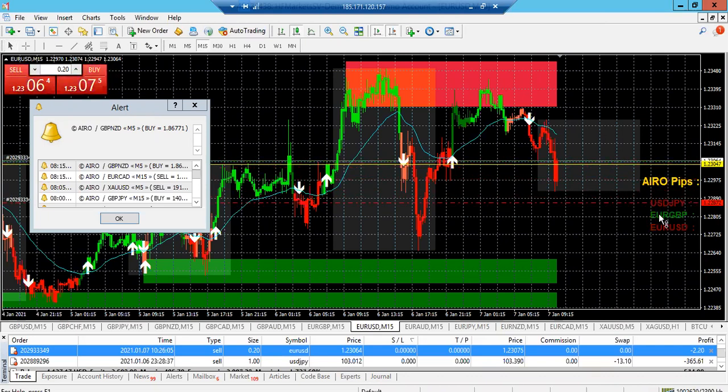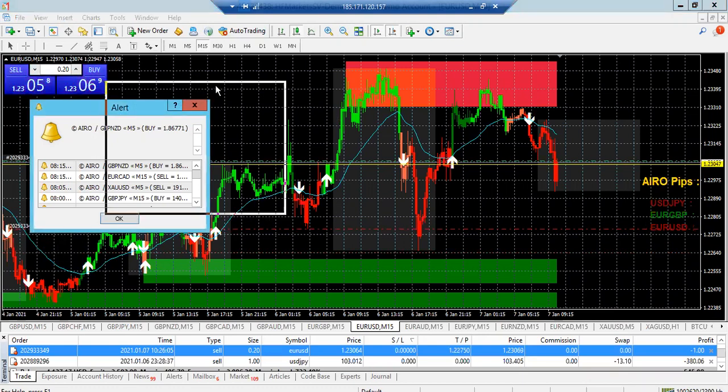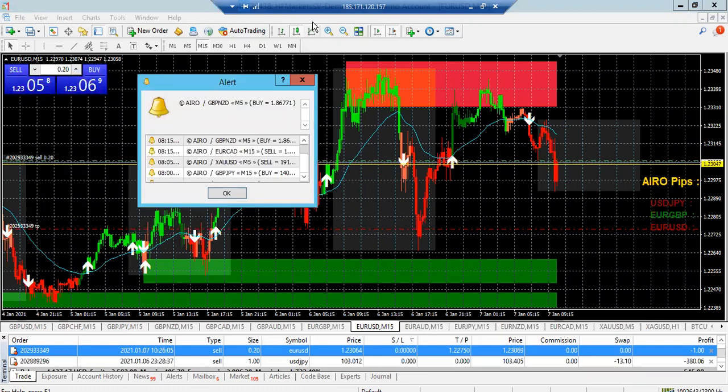My take profit is 20 pips below. I need to move this. Let me move it here. So I've moved it, then I'll move this a little bit. 20 pips below is my take profit.